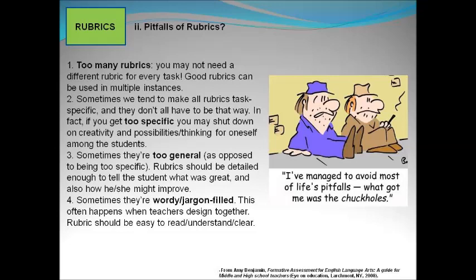The second point is that sometimes we tend to make all rubric tasks specific, and they don't have to be that way. If you get too specific, you can shut down creativity, right? Some rubrics, you'll see teachers using them, include 5 points, or include 3 pictures. Why does it need 5 points to be good? Why does it need 3 pictures to be good?